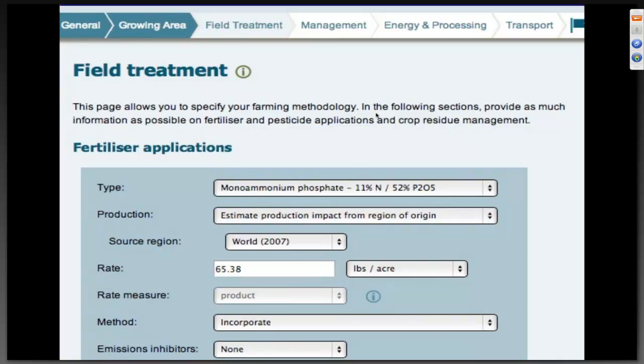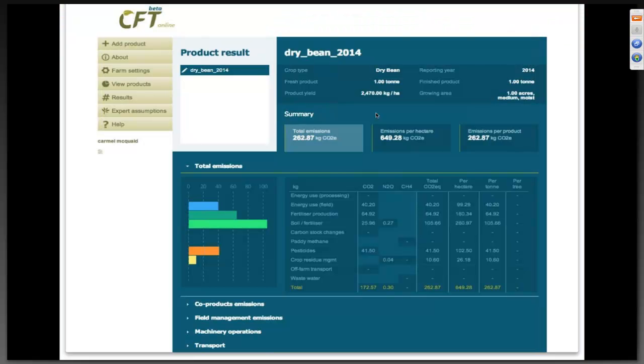Of course, you have to tell them how you treat your fields, with what kind of fertilizer, probably even where it's from, with a results page leading to a graph showing the total emissions per source, energy use, fertilizer production, soil fertilizer application. The numbers are to the right and the same numbers are shown in the graph to the left.